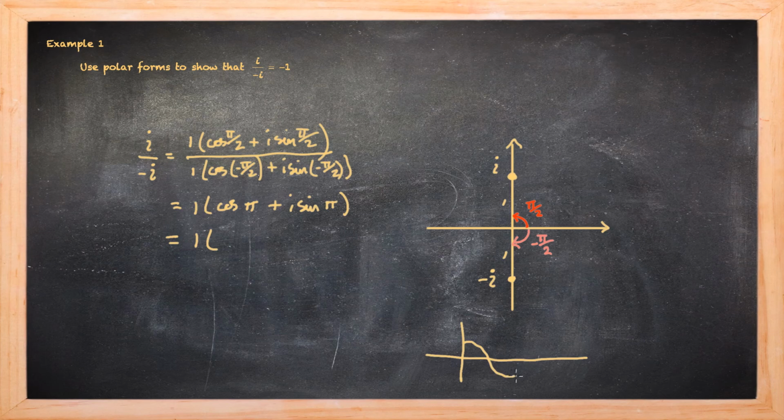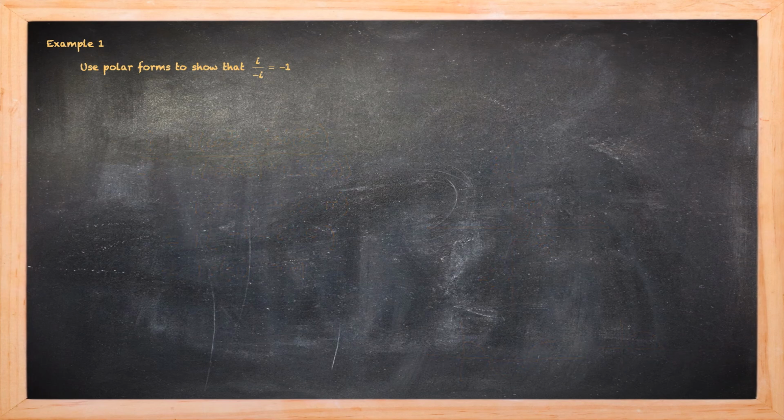Remember, the cosine of pi is -1. And the sine of pi is 0. So we've got 1 times -1, which gives us -1. So that's us finished example 1.